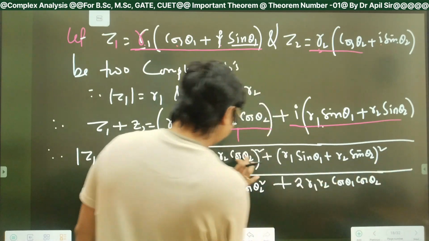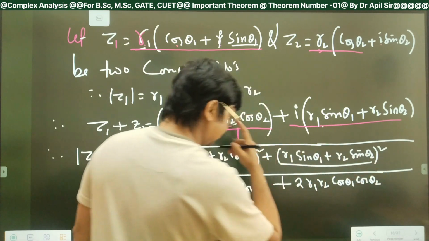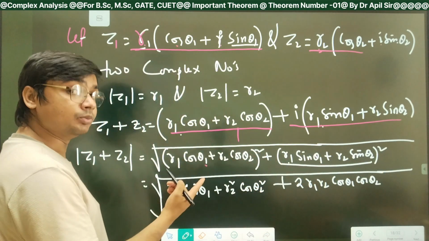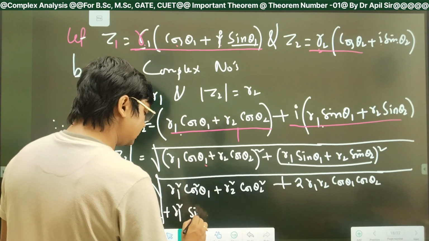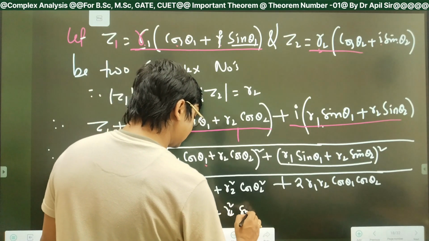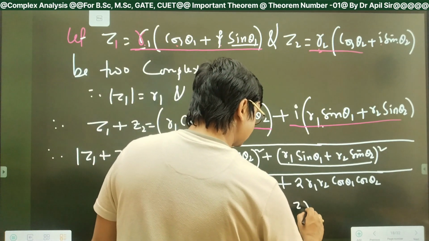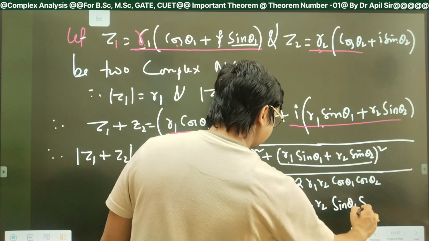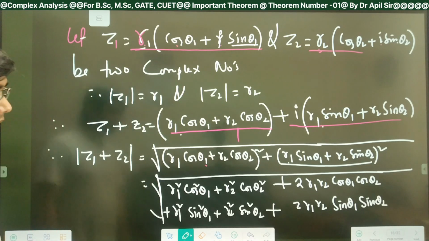And from the imaginary part, R1 square sin square theta 1 plus R2 square sin square theta 2 plus twice R1 R2 sin theta 1 sin theta 2. Is it okay?